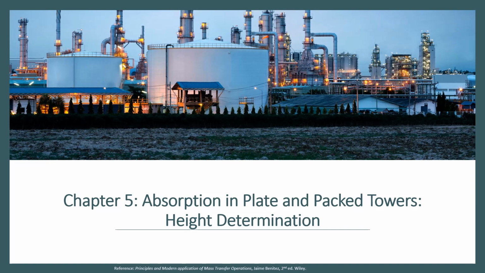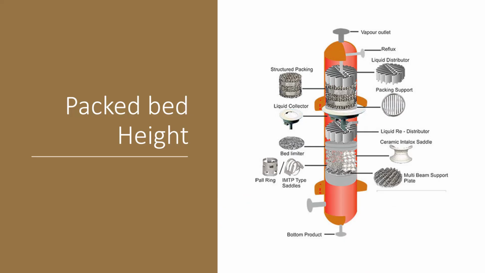We are still using the same reference, chapter 5 of Principles and Modern Application of Mass Transfer Operations, and we will start with packed bed, then we will be talking about tray tower. So the height of a packed column refers to the depth of the packing material needed to accomplish the required removal efficiency.